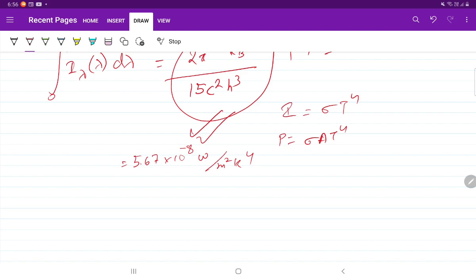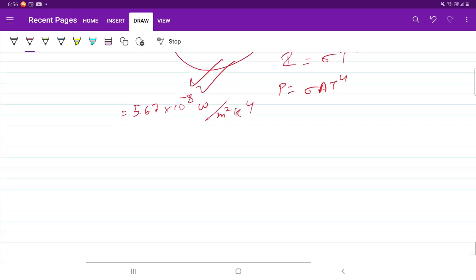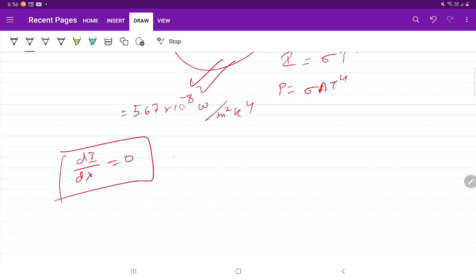Hope you get it. Now, proving Wien's displacement law, with the same result, we need to consider dI by d lambda to be 0, and we'll get some transcendental equation as y e to the power y by e to the power y minus 1 is equal to 5, where y is given as hc by lambda kBT.